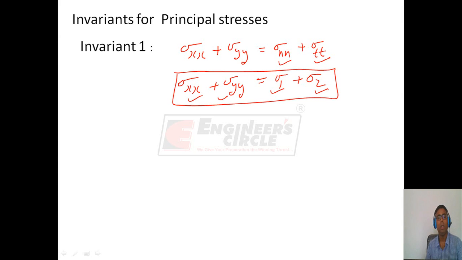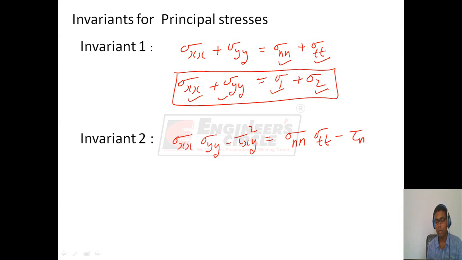So this is a very important equation, because if we know these three values, we can directly find the value of minimum principal stress. We also learned invariant 2 as sigma xx into sigma yy minus tau xy square equal to sigma nn into sigma tt minus tau nt square. Now instead of n and t, which are perpendicular to each other, we can put principal stresses, because principal planes are perpendicular to each other.